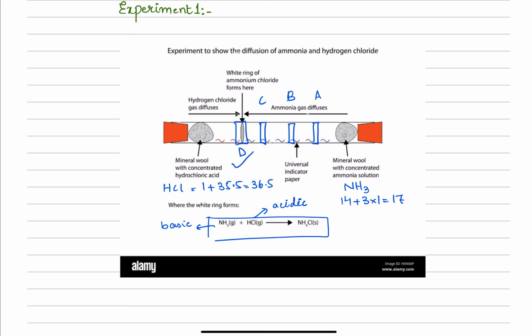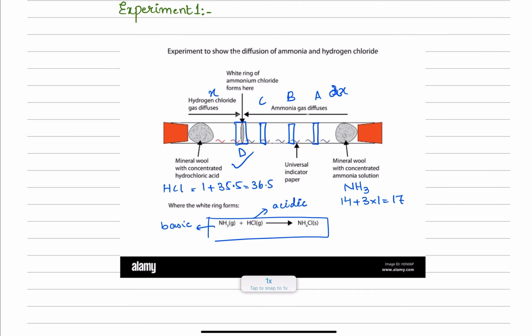Obviously you will select position D, because this is a distance x, this is a distance 2x, and this is a distance 3x. So ammonia will travel twice as fast as hydrogen chloride, and hence the ammonium chloride ring would be closer to the HCl cotton wool. So D would be the answer in that case.